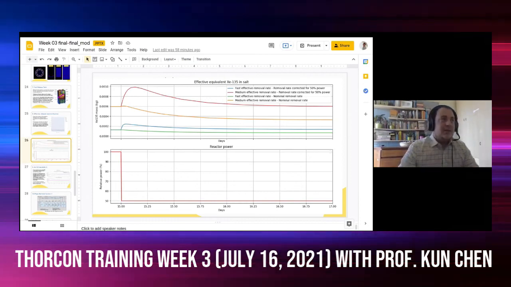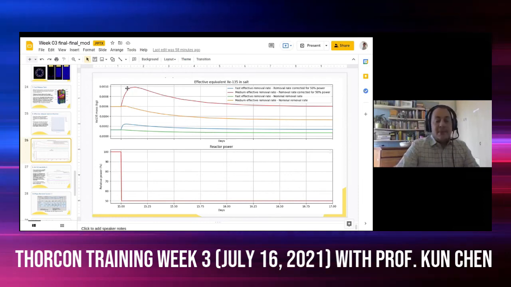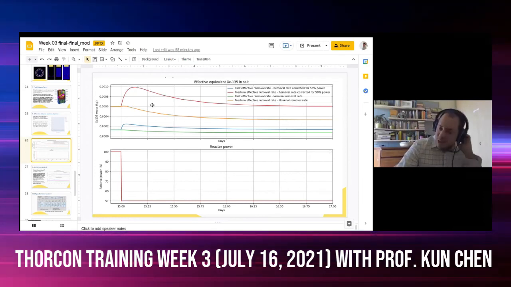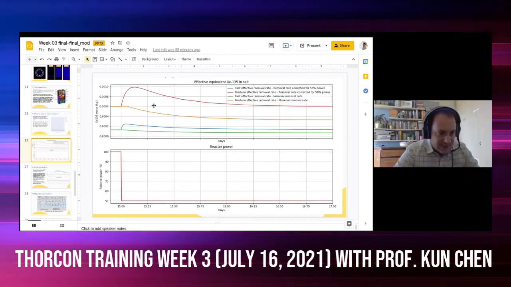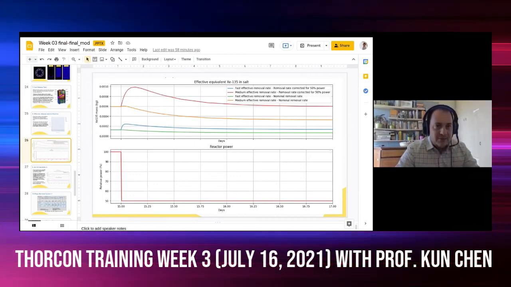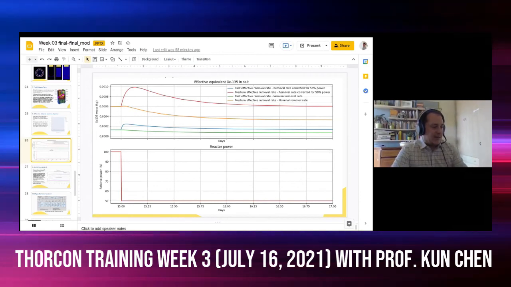All this together makes the peak happen much faster and be much, much lower than in a solid fuel reactor. I don't know if this makes sense to you. So I'd like Manu to, oh, please, Lars, go ahead.